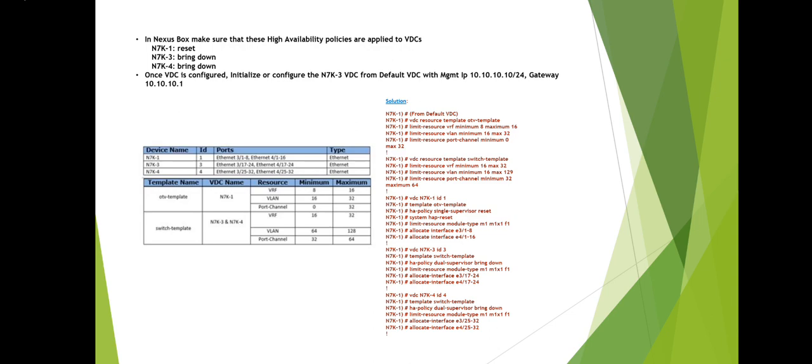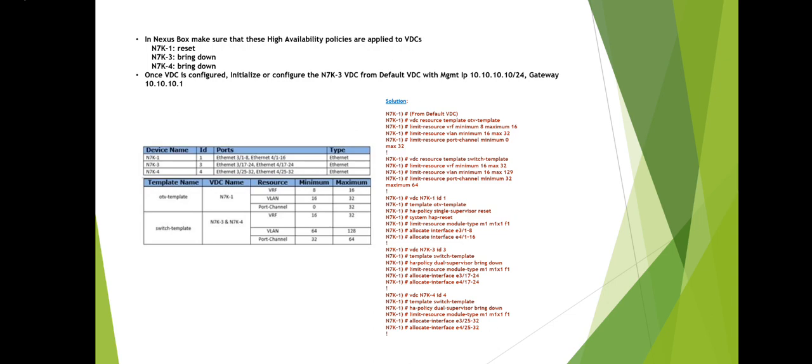Once you configure the VDC, configure 7K3 from default. I mean, you have to switch to the VDC which you have created with the management port that you have assigned, and of course you will be assigning the gateway.